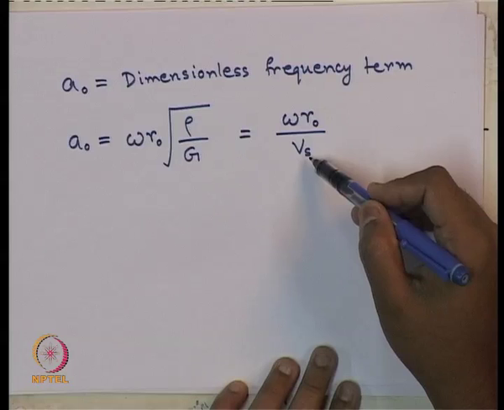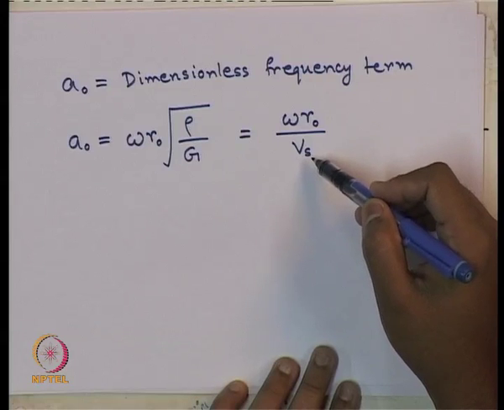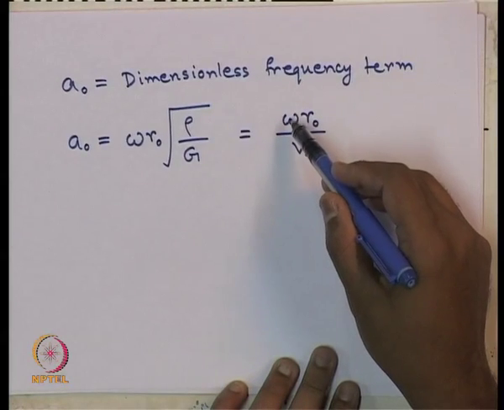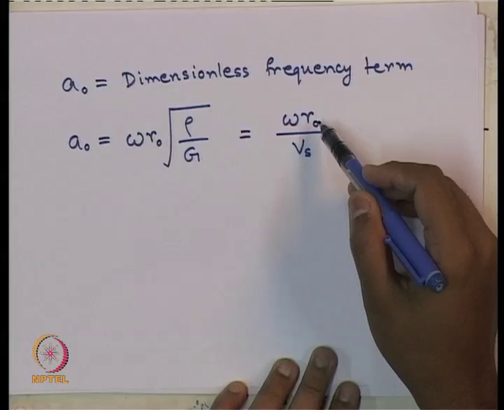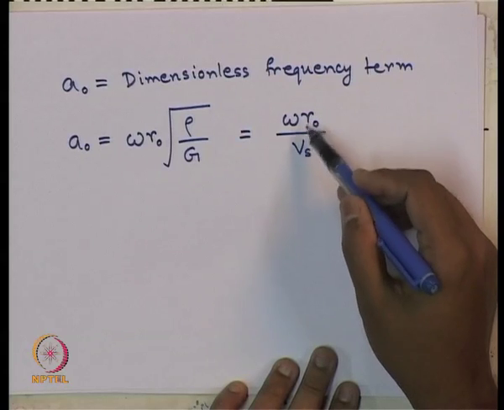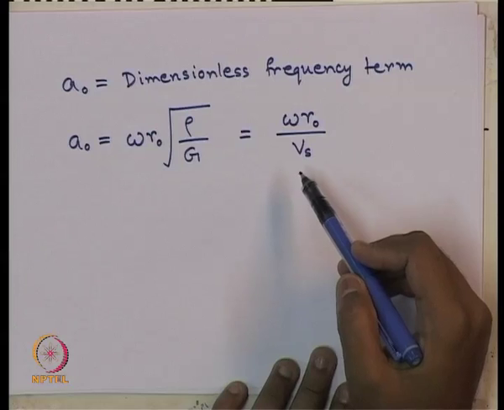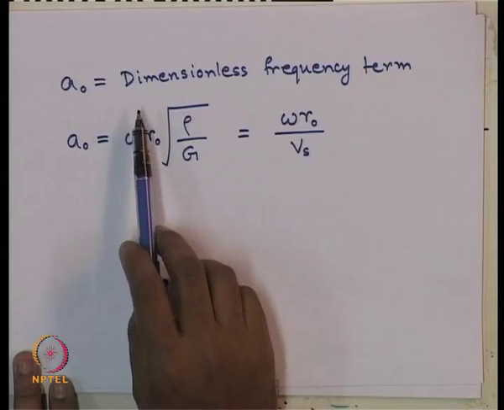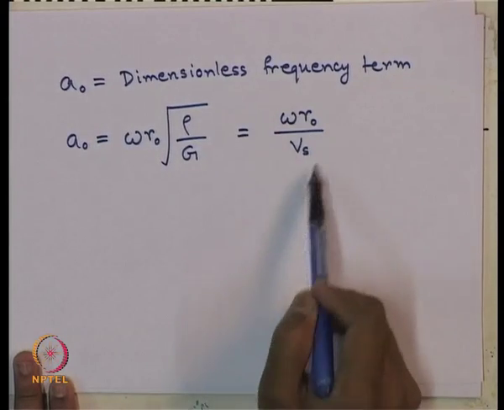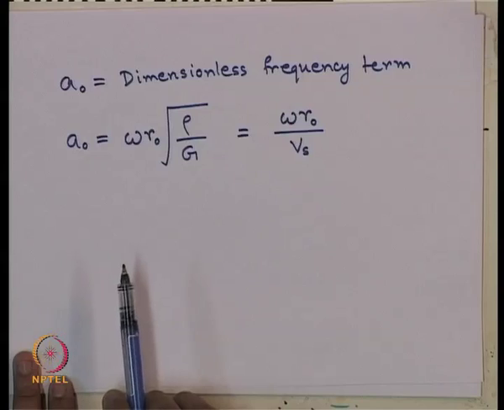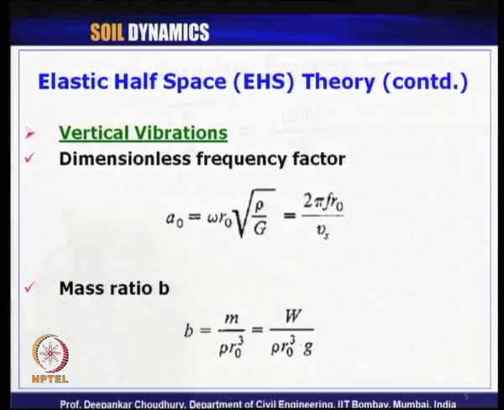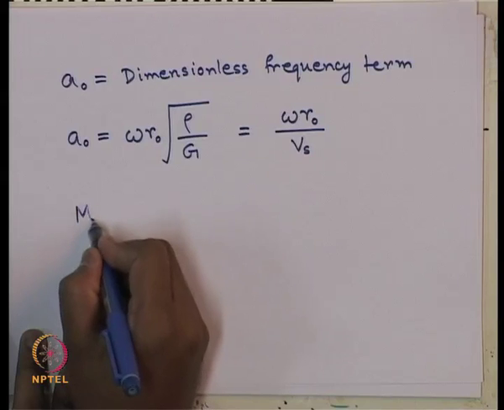So, this is having the unit of meter per second, this is in meter, this is in cycles per second. So, it will also be meter per second. So, finally, a naught is nothing but dimensionless. So, that way Lysmer has defined this parameter a naught as a dimensionless frequency term using this mathematical expression. And another term was established by Lysmer, which is called mass ratio.